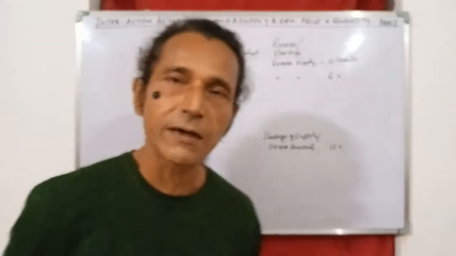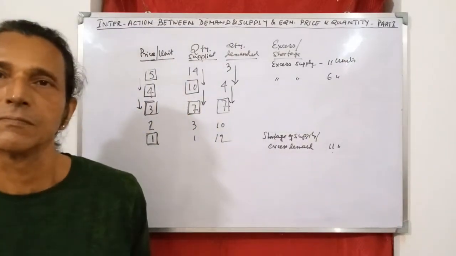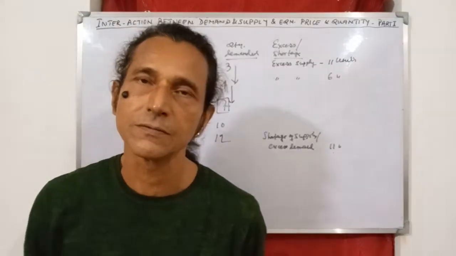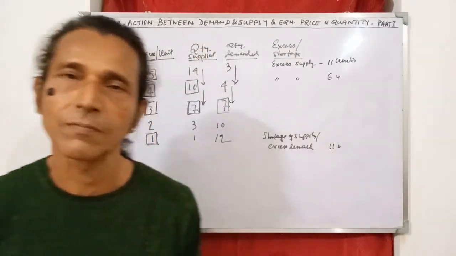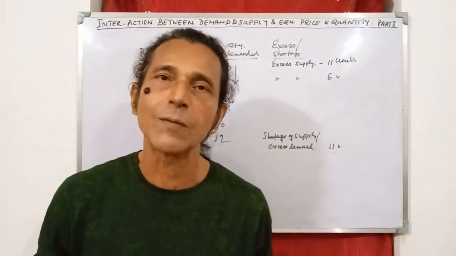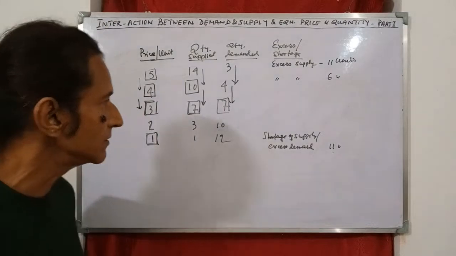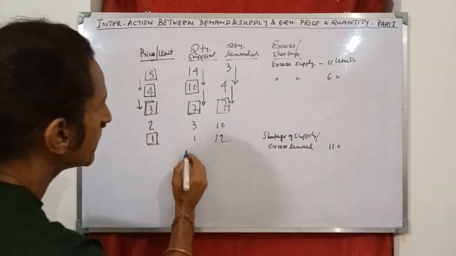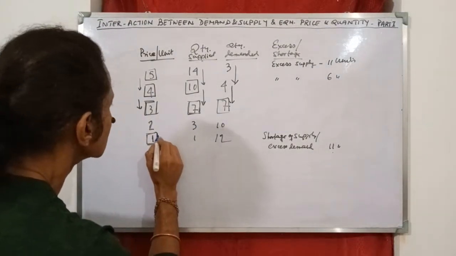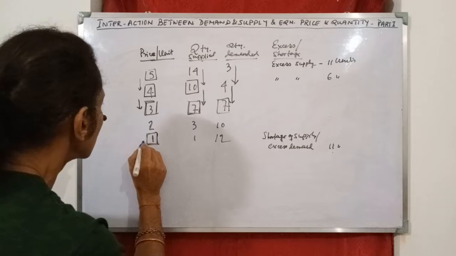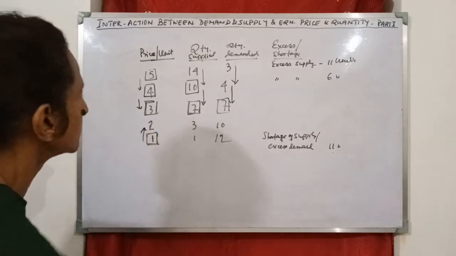So there will be competition among the buyers, the purchasers, to buy that commodity, and that competition among the buyers will push the price up. So price will move from 1 to 2.